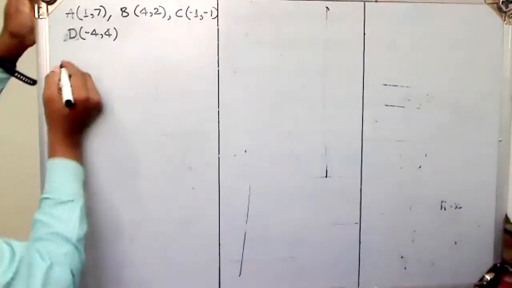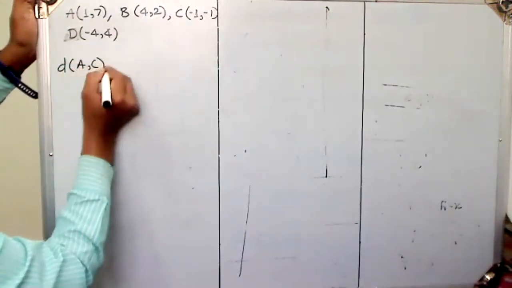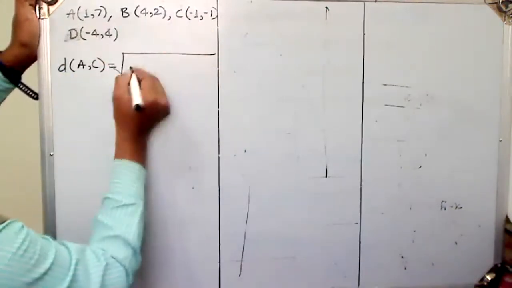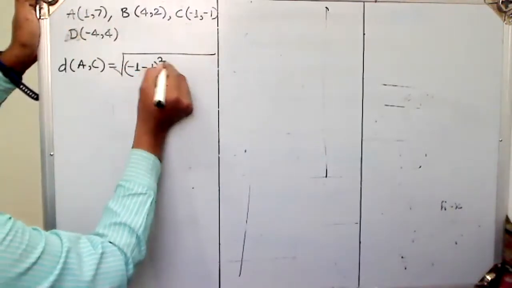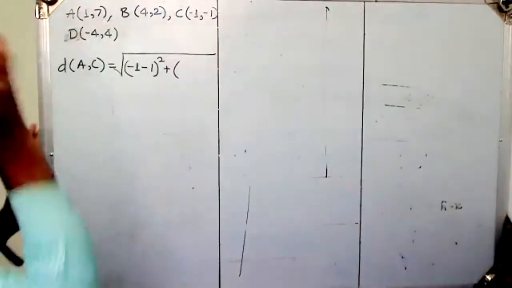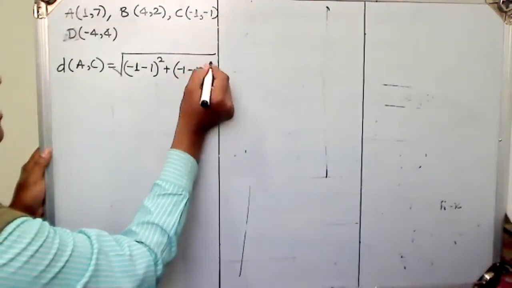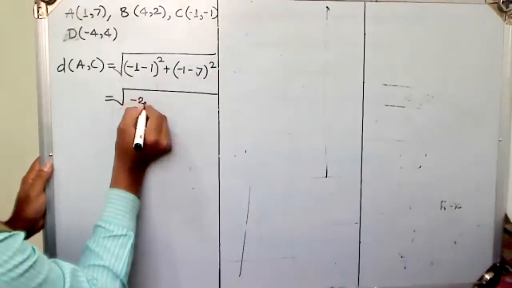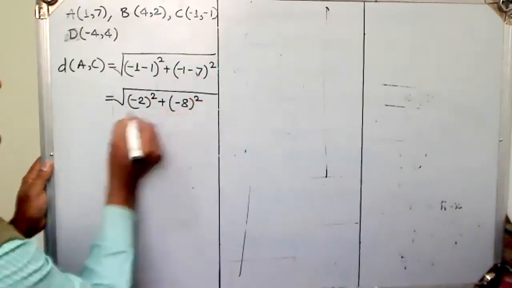Now we need to find the distance AC, because AC is a diagonal. Distance AC, we can use the distance formula here: (-1 ...) square plus (-1 - 7) square, (-1 - 2) square plus (-8) square.